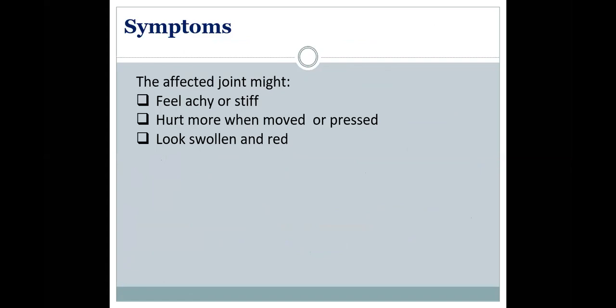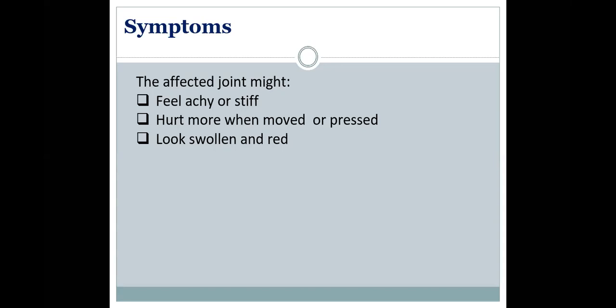The symptoms of tendinitis and bursitis are almost similar. The joint which is affected, which will be inflamed, might feel achy, that means pain, or stiffness.